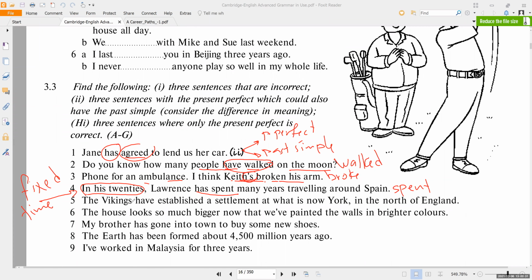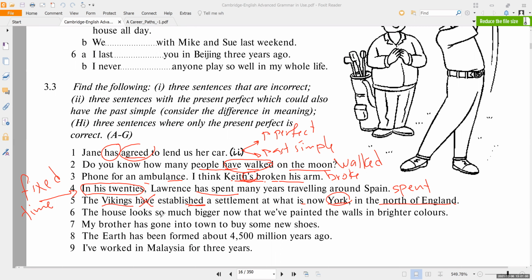Number 5, the Vikings have established a settlement at what is now York, I said New York, sorry, in the north of England. So we say the Vikings established, we don't say have established, because the Vikings were long time ago, and this happened long time ago.